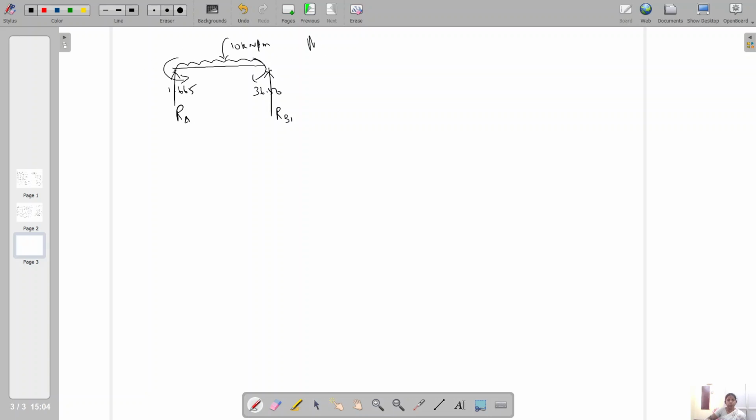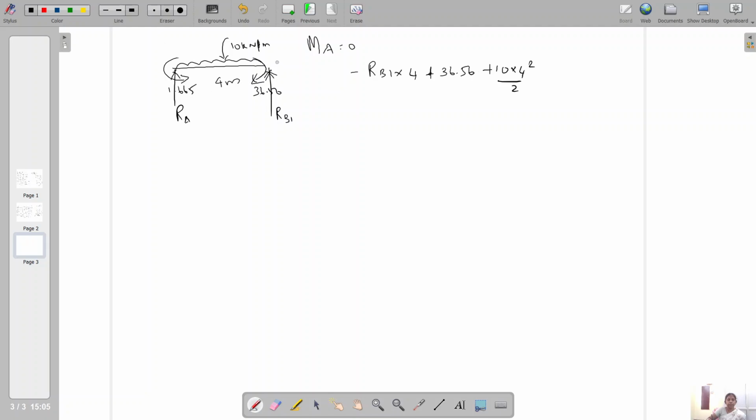So taking moment about A equal to 0. I am considering right down as positive. Here the present direction of RB1 is upward. So minus RB1 into the span 4 meter plus, the direction of this moment is opposite to the rotation of RB1, so it is plus 36.56, and also plus 10 into 4 square by 2, and consider the moment direction here.